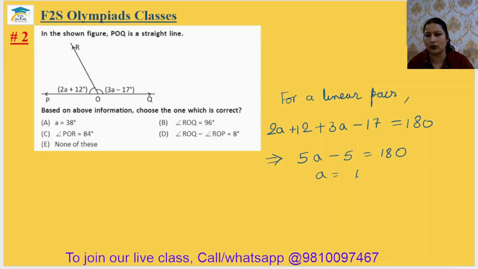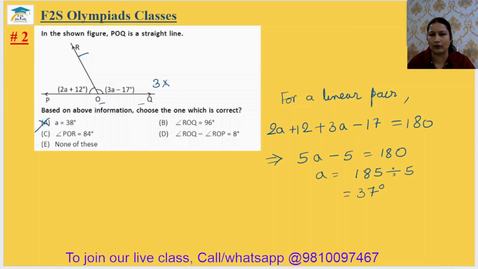After simplification, we can write 5A minus 5 equal to 180. So A equal to 185 divided by 5. 5 3s are 15, 5 7s are 35. So A equal to 37 degree. Here A equal to 38 degree is given, so option A will be rejected. Now the angle ROQ is 3A minus 17 degree.